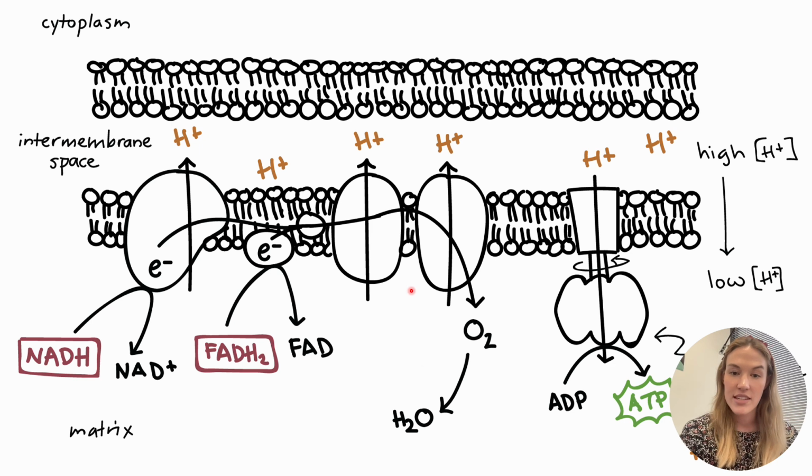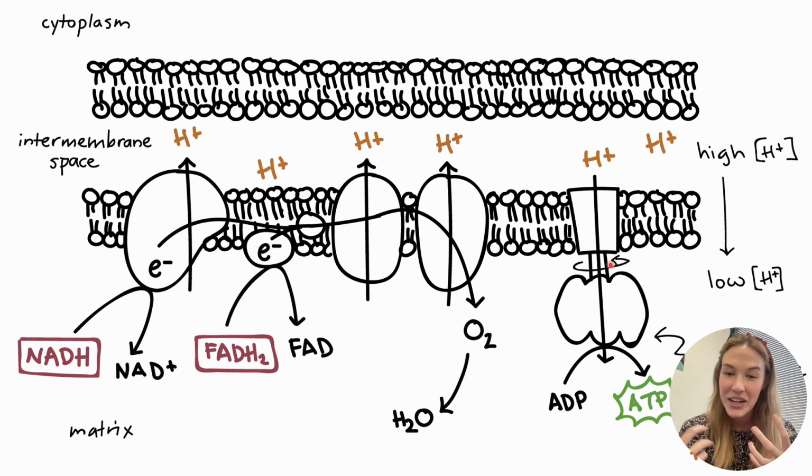Now I told you that this proton gradient is going to become very important when we get to ATP synthase. And it is. So let's talk about how that happens. Well, just like in photosynthesis, we have this high concentration of protons in the intermembrane space and a relatively low concentration in the mitochondrial matrix. And so just like in a water wheel, these protons can flow back through ATP synthase, and just like a water wheel, spin ATP synthase.